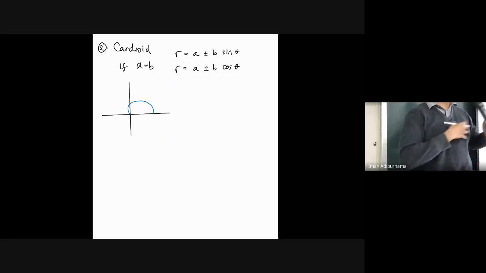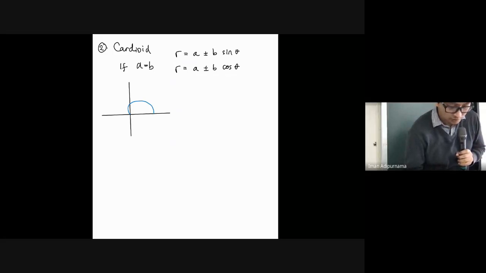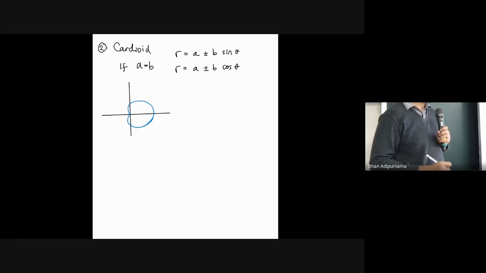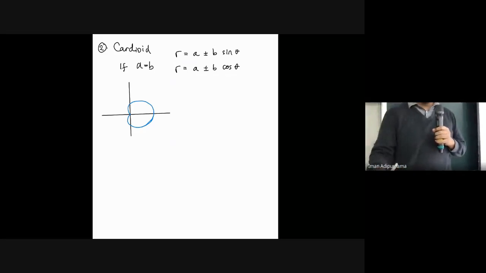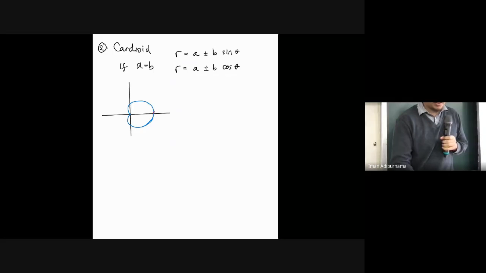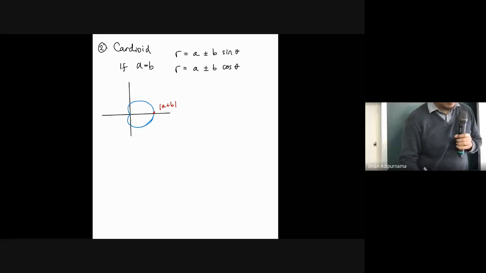Cardio, the heart, right? So it looks like a heart, without the inner loop. And this will be the A plus B, and this should be A and minus A.